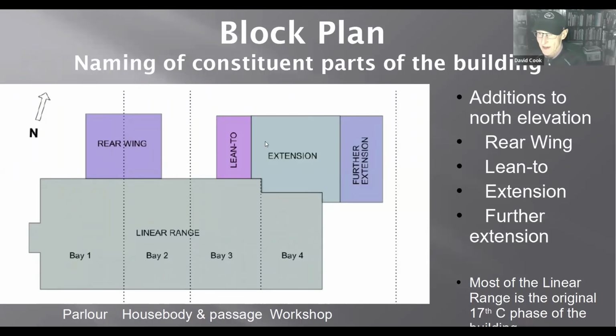And then added to that, we've got the extension, which makes it double pile at this right-hand end here. And then a further extension with that straight joint there, which I pointed out earlier on. And then added to that a lean-to, which is a porch, essentially giving access to the extension. I think, yeah, it gives access to the extension, not directly into bay 3 here.